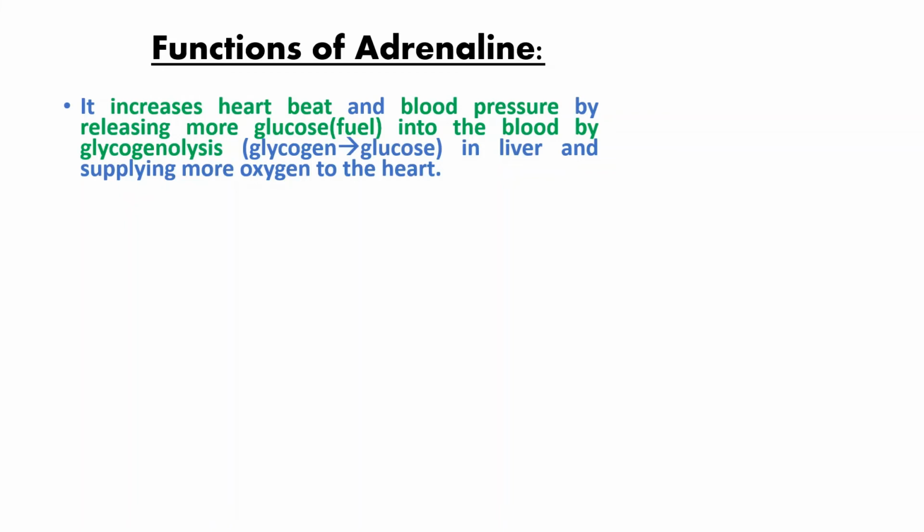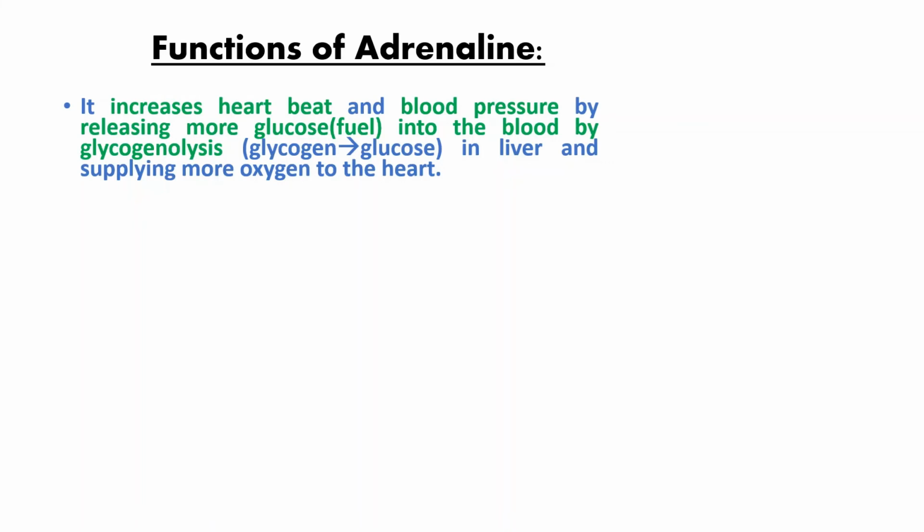Because by the stimulation of sympathetic nervous system, the overproduction of adrenaline causes glycogen breakdown in your liver into glucose, and then that glucose gets mixed up in your blood.